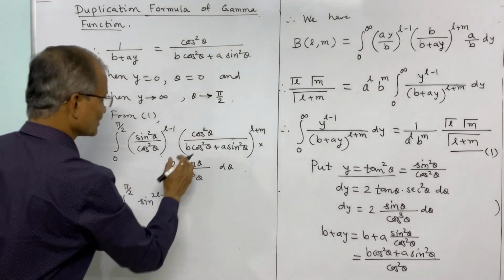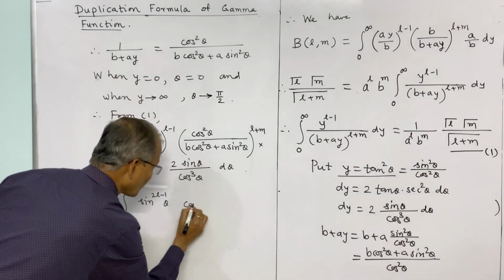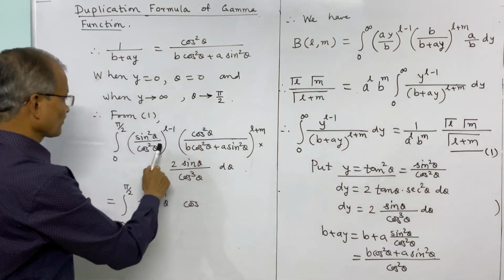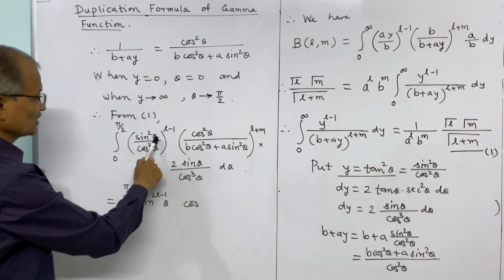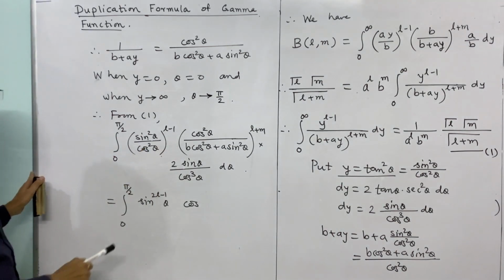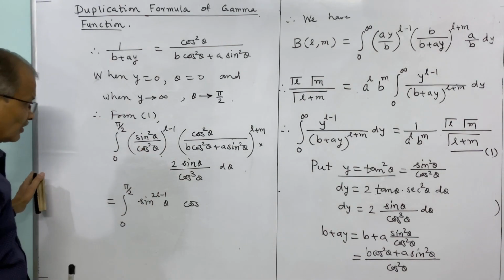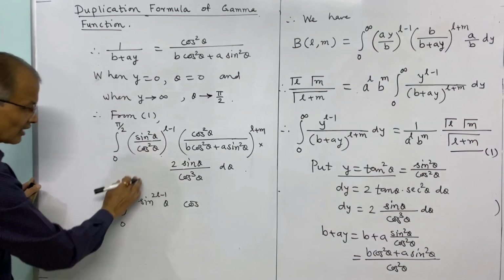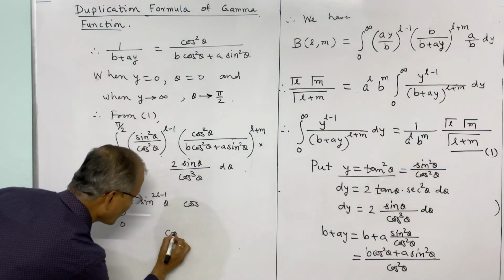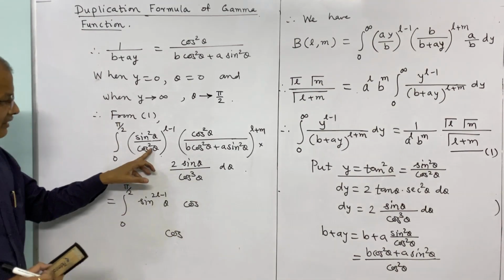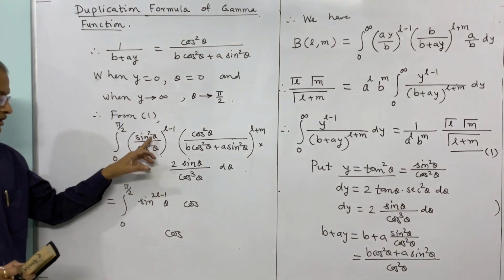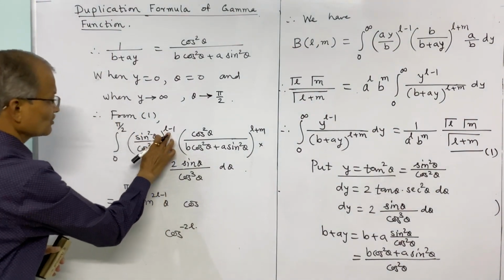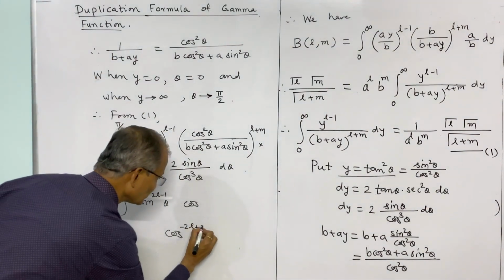And what about the cos power? Now see the power of cos. Here it is negative, minus 2L minus 2. This is at the denominator, therefore the power of cos will be minus 2L, and minus 2 minus 1 is plus 2.